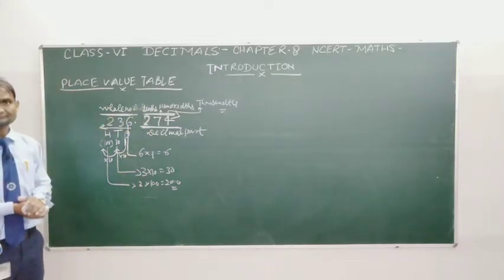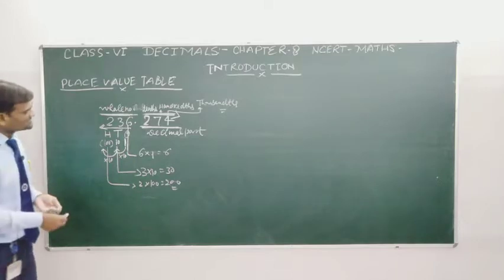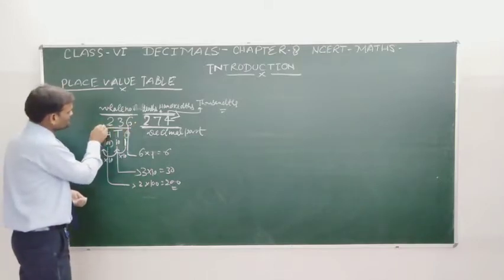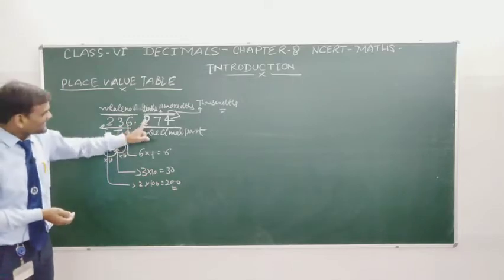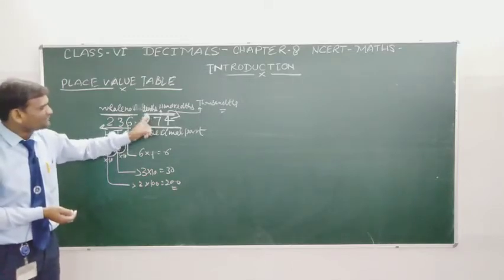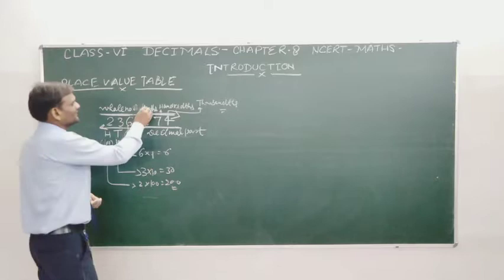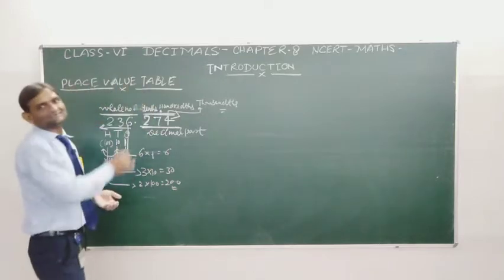It means you are seeing here, student, that in the whole number part you start from ones, but in the fractional part, in the decimal part, we start from tenths.